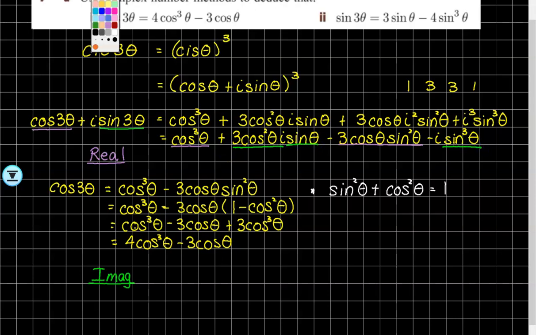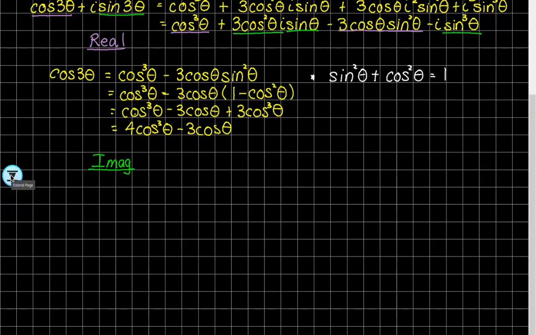Correct. So we end up with sine 3 theta on the left-hand side, and that's one of the things we wanted an expression for. On the right-hand side, we're not including the i there, so I've got 3 cos squared theta sine theta minus, and again, don't include the i.